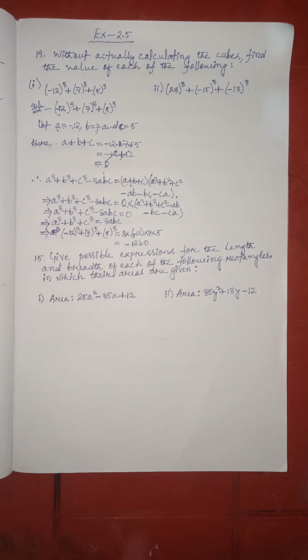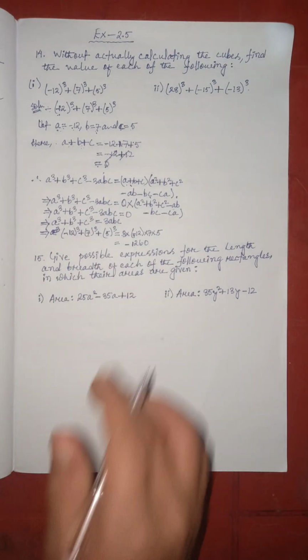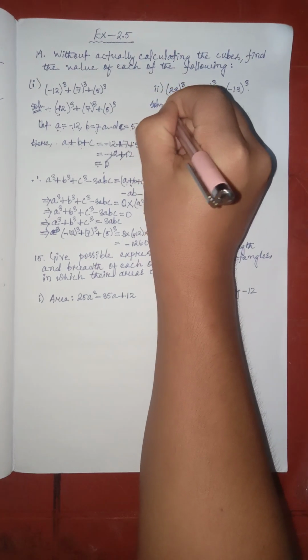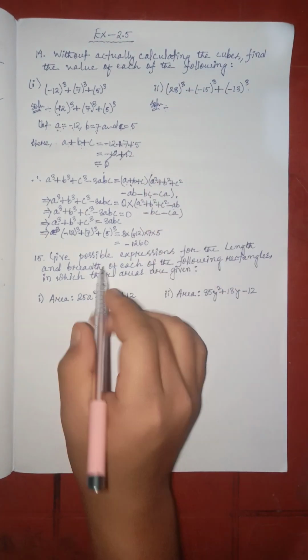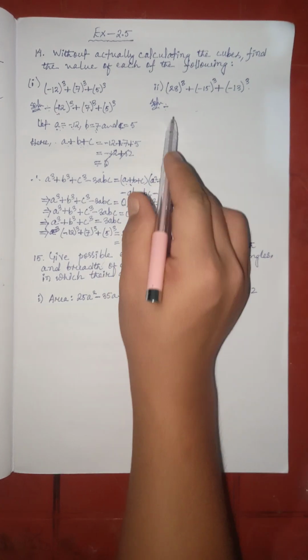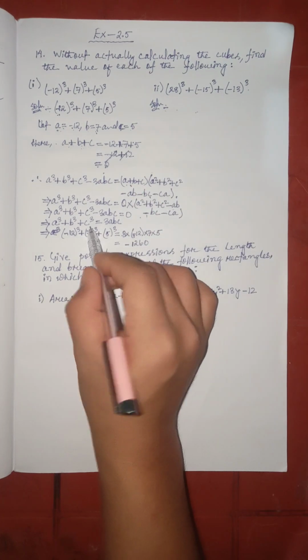If it is clear to all of you, we'll move to the next one, which is Roman number 2. Same as the one we did here, the steps will be the same. We'll not write the identity out in full. Actually, even here it is the same. We'll just proceed from this.